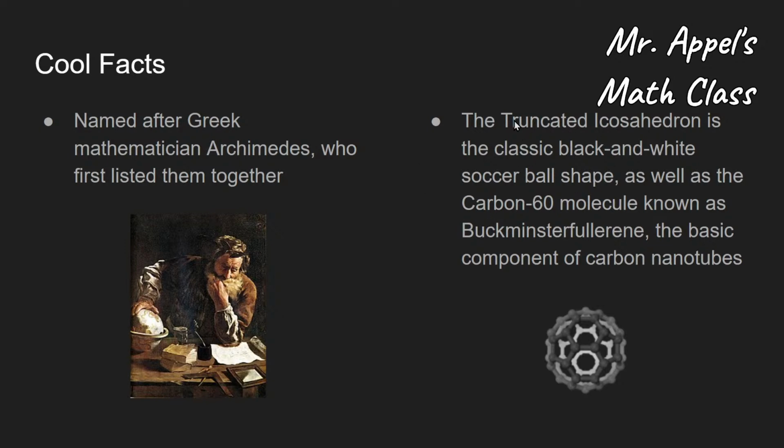Another use here of one of the Archimedean solids, the truncated icosahedron, very commonly used. That is the classic black and white soccer ball shape. You probably recognized it. As well as the carbon-60 molecule, affectionately known as Buckminster fullerenes. We put a bunch of carbon atoms into that same configuration, and this forms the basic component of carbon nanotubes.